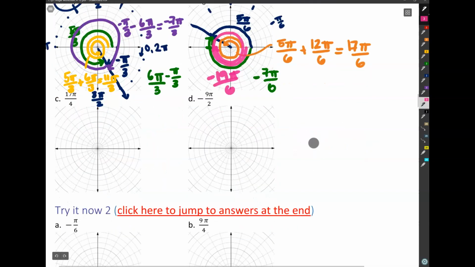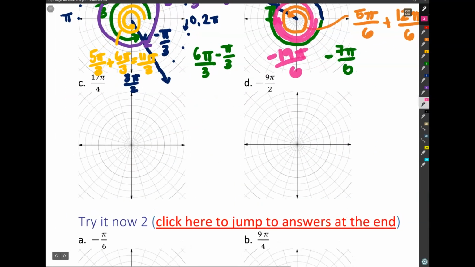Okay, couple more. 17 pi over 4. Okay, so now we want to be able to figure out our pi over 4s. But one thing nice to notice here is 2 pi, if we want to do that in pi over 4s, we multiply top and bottom by 4, and it's 8 pi over 4.